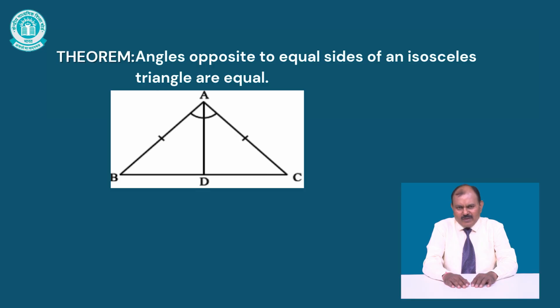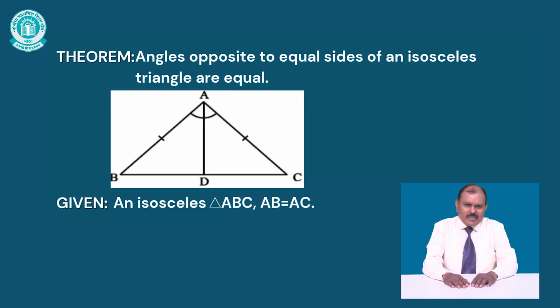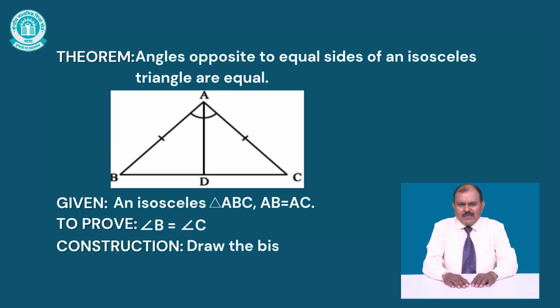We are given an isosceles triangle ABC in which AB equals AC and we need to prove that angle B equals angle C. Let us draw the bisector AD of angle A. For the proof, we may proceed like this.